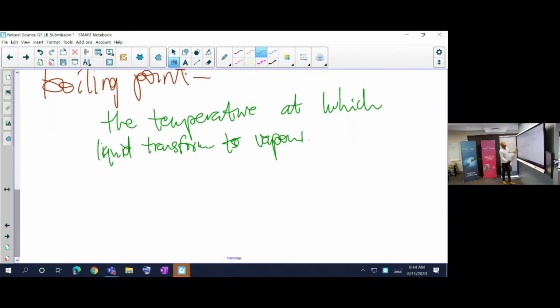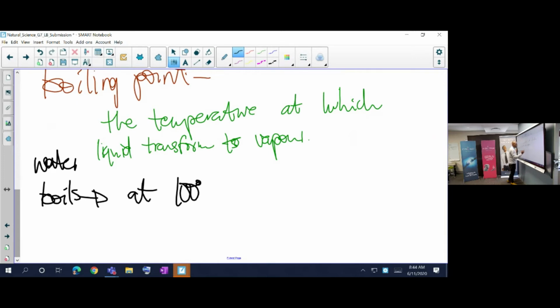And when we boil water, here's water, we want to boil it now. We know that water boils at 100 degrees Celsius under standard conditions. What are standard conditions? What do I mean by this?